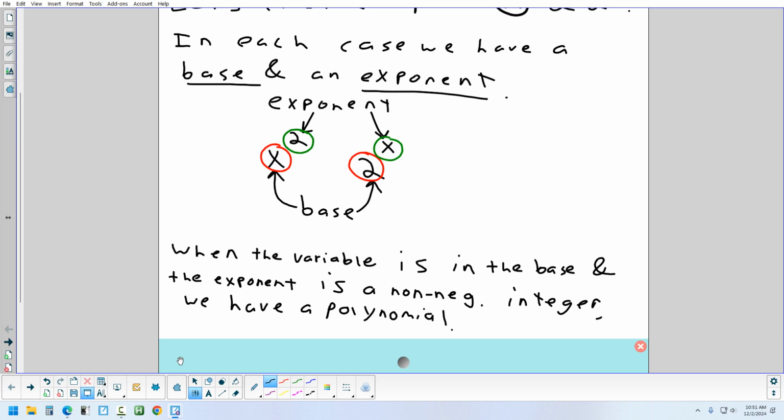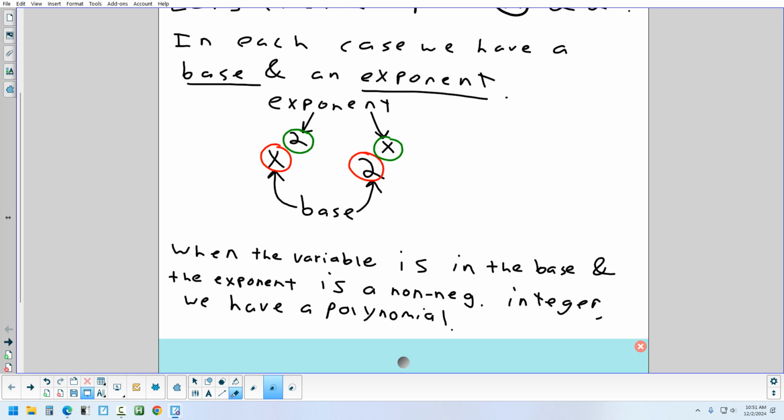So anything that has a variable for the base and a number in the exponent that's not negative, and it also can't be a decimal, that's called a polynomial. Those are the kinds of things that we studied back in like chapters 2 and 3, polynomials.